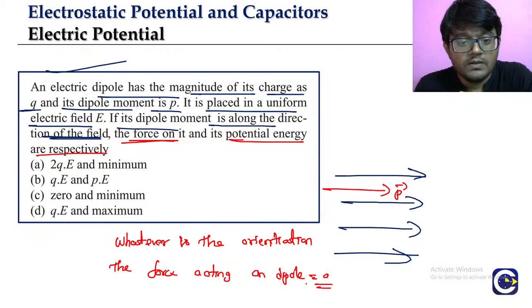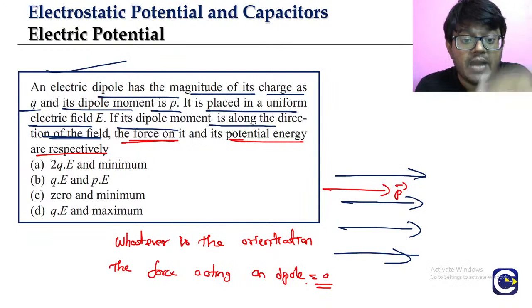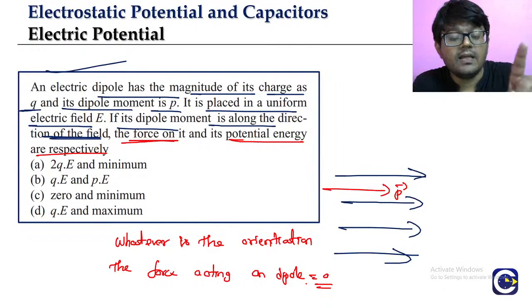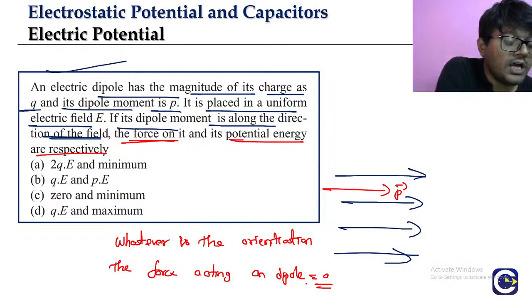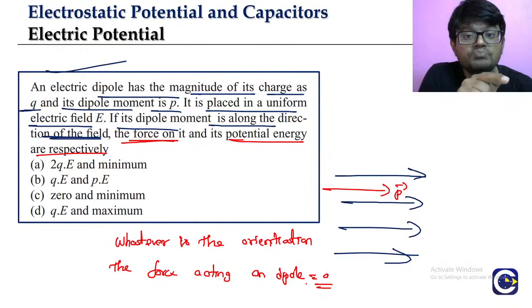It should not be just parallel. It can be theta equal to 30, theta equal to 40, theta equal to 50. It can be any angle. Always the net force acting on the dipole placed in a uniform electric field is zero. ஏன்னா, because the field is uniform, right? Whatever the force acting on the positive charge of the dipole, the force acting on the negative charge of the dipole அப்படியே cancel ஆயிடும்.